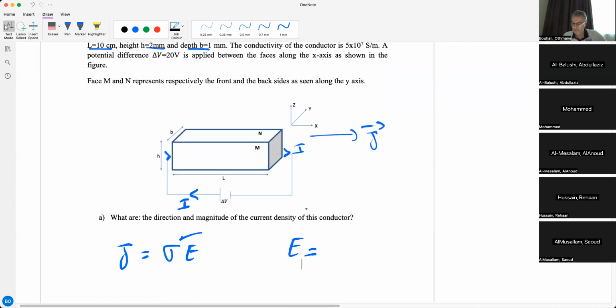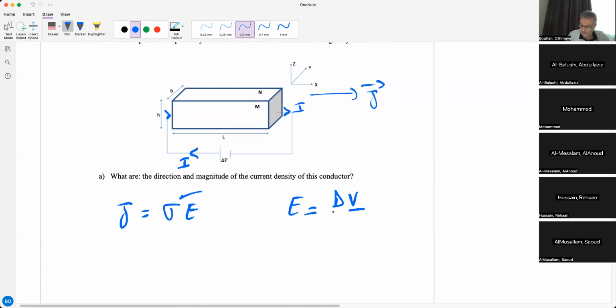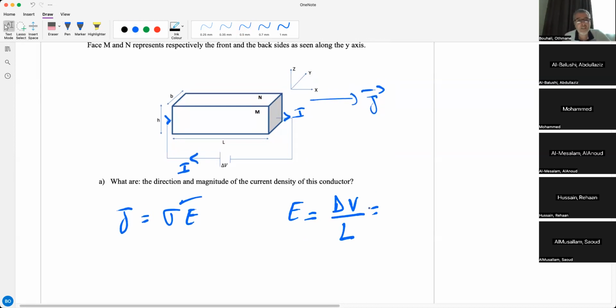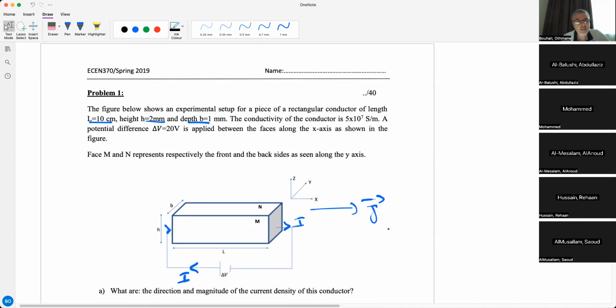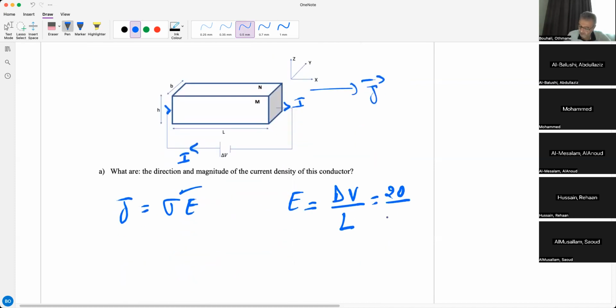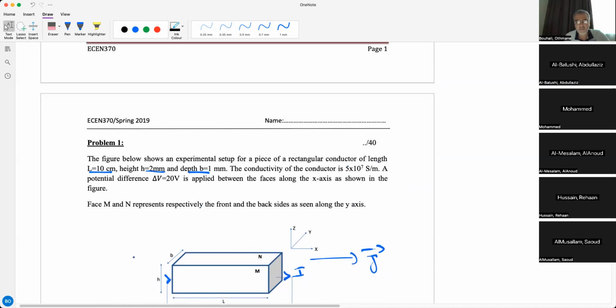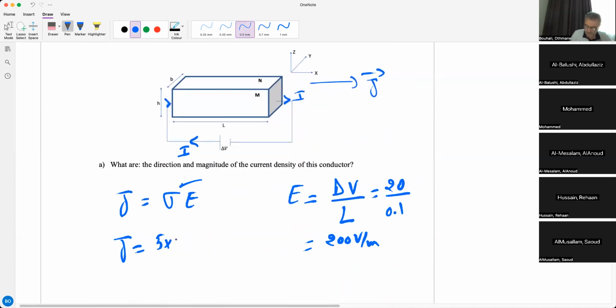V over L. Yeah, so it is delta V over the length L. And delta V is 20 volt, divided by delta L, which is 0.1. So the electric field is 200 volt per meter. Okay, and J will be 5 × 10⁻⁷ times 200.